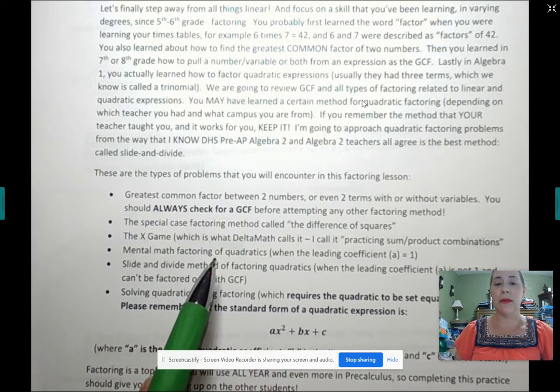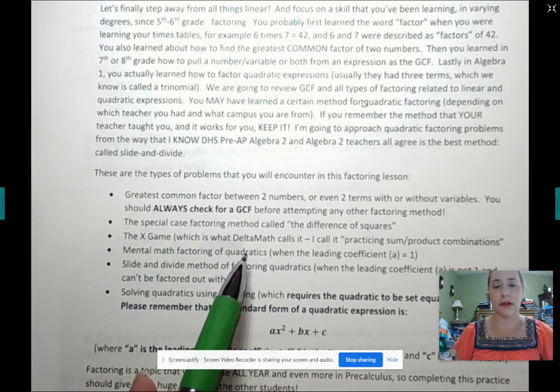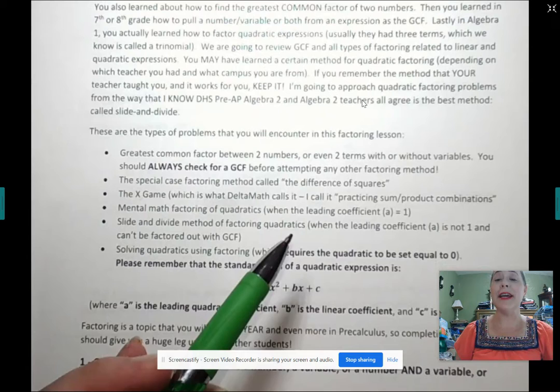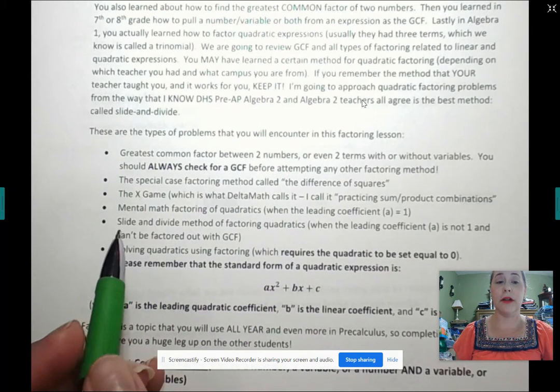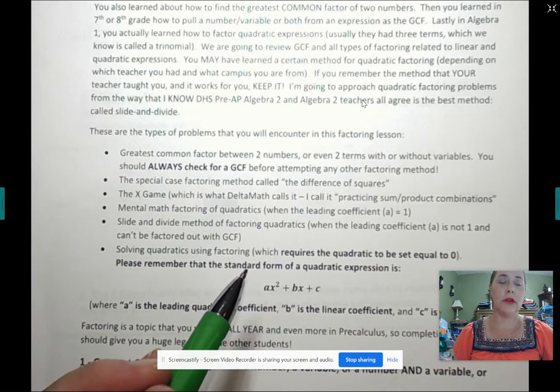We do use mental math when we factor quadratics when the leading coefficient is a 1. If the leading coefficient is not a 1, we use a method called slide and divide. You may have learned a different method from your 8th grade Algebra 1 teacher, like the reverse box method or reverse FOIL. We'll talk about that.